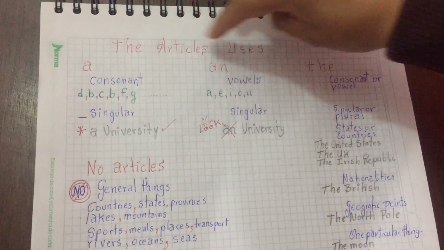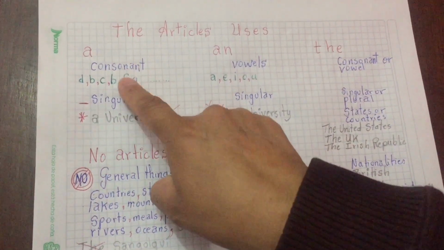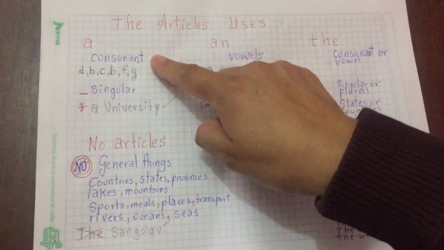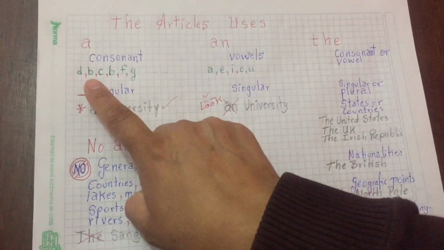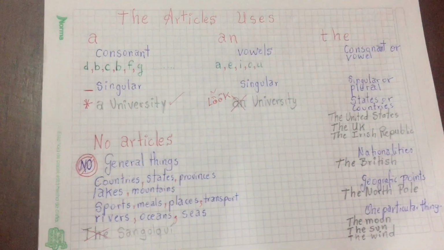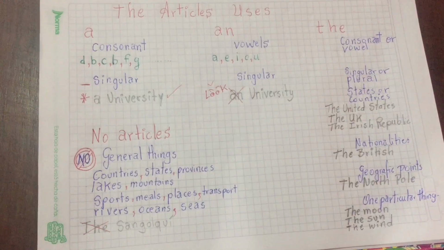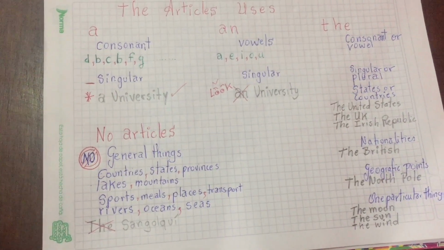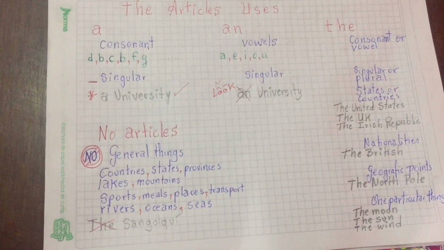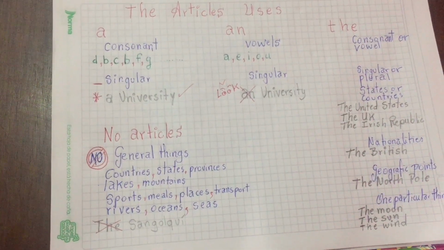Here we have the article uses: a, an, or the. So when do you use a? You have to use it with a consonant word, a word that starts with any of the consonant letters, okay? For example, you can say a candy, a butterfly, or a car.